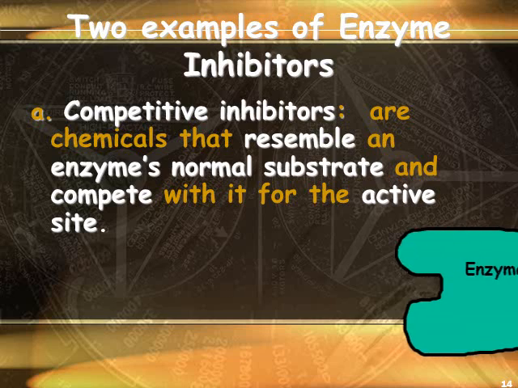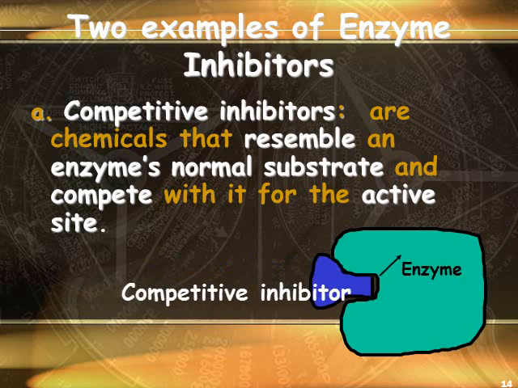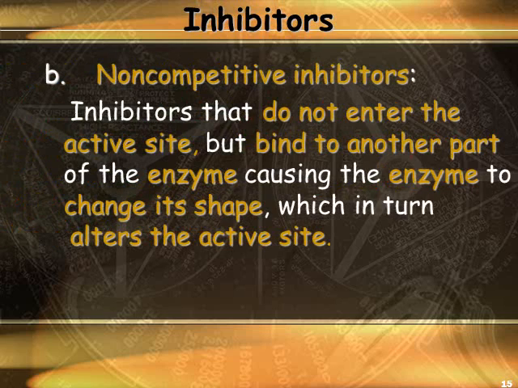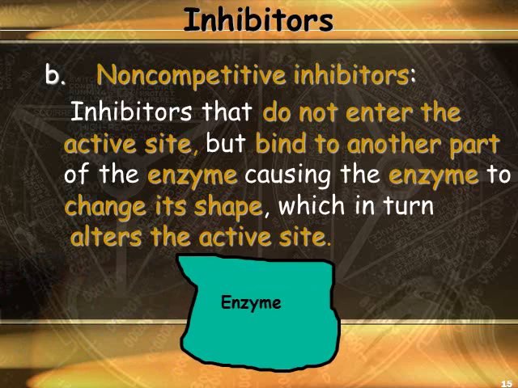So we've got competitive inhibitors, which would be like this little illustration. Say that the blue block is fitting in instead of the yellow substrate to the active site, and now the substrate can't get in there because the competitive inhibitor is kind of blocked in there. Non-competitive inhibitors don't enter the active site but have some other binding site on the enzyme, and by binding there it's going to change the three-dimensional structure of the protein, and the active site's not going to be the right shape anymore.